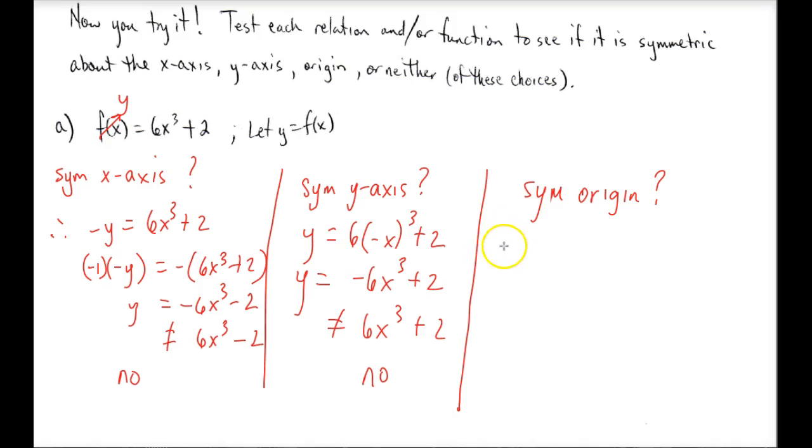So in this case, we have to replace y with negative y as well as x with negative x. And so when we do this, we know that the negative x quantity cubed is just going to give us a negative x cubed, which makes this term a negative 6x cubed plus 2. And then from this point, we can multiply both sides by a -1.